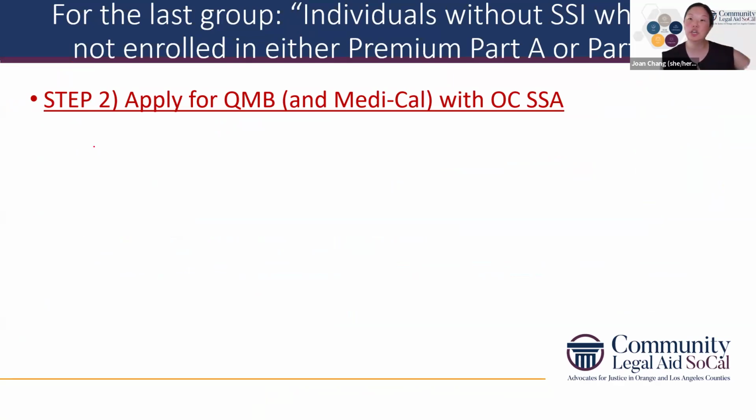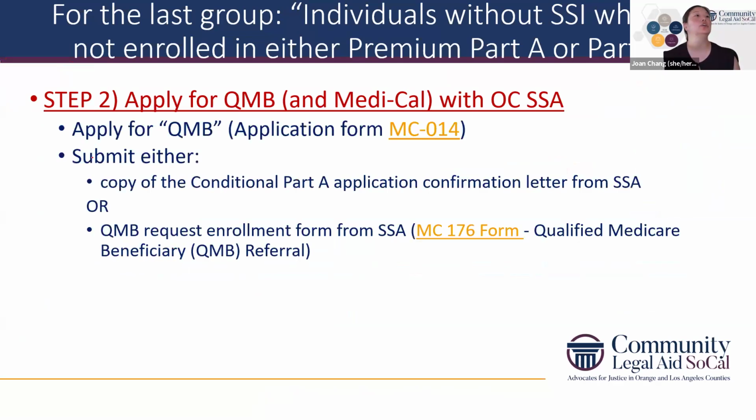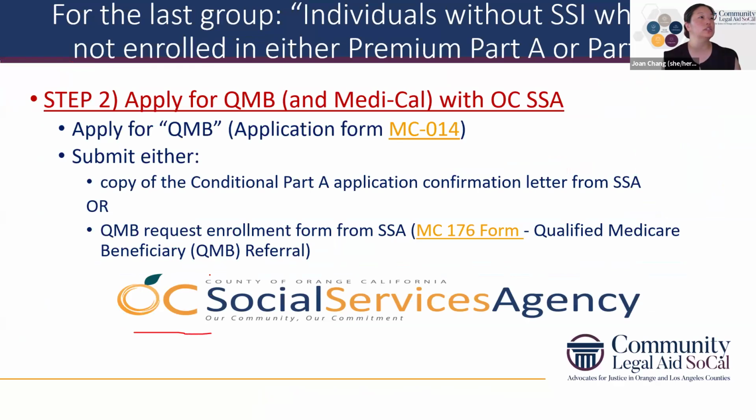Okay, but this is for step 2 now. Step 2, once you've visited Social Security and the feds, you're going to go now to the county. You're going to go to Orange County Social Services, with the little orange icon, and you can apply in person. Like I said, I don't think it's available online just yet.